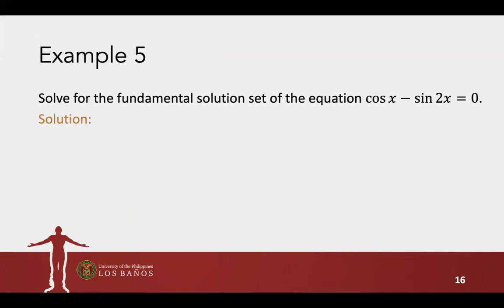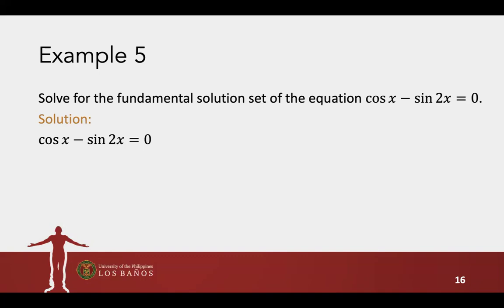If you notice from our equation, we have two trigonometric functions involved. We have cosine and sine, and we also have two different arguments, x for cosine and 2x for sine. In order to solve this, take note that we have an expression that is equivalent to sine 2x using our double angle identity.